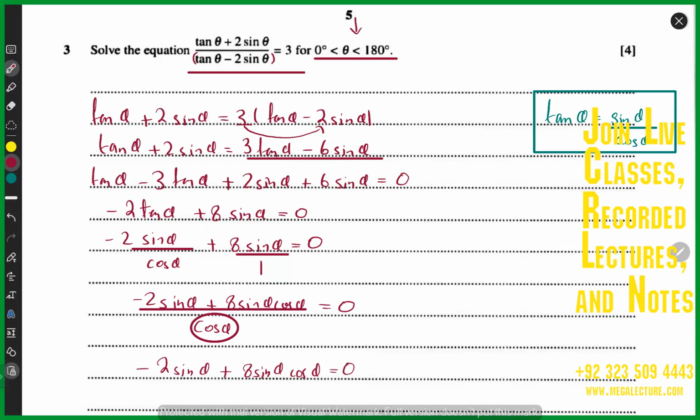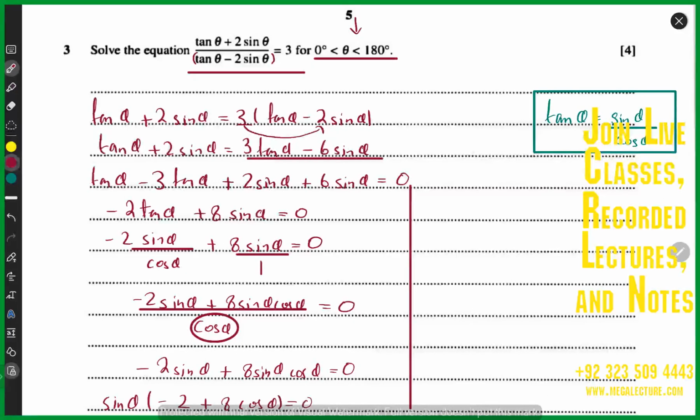Now this is what exactly we have. Okay, at this point, what I can do is I can just take sine theta common, and this would give me sine theta times minus 2 plus 8 cos theta equals 0.